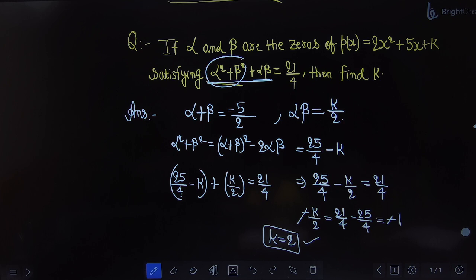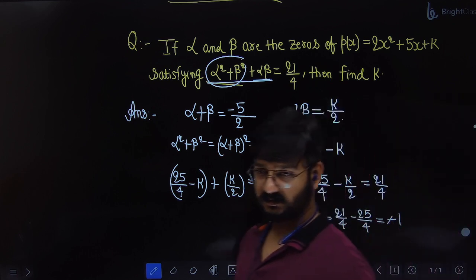How come this is 25 by 4? Okay, fine. It's basically the same thing only. The only thing is that you have found alpha square plus beta square directly. Okay. Yes. All clear? No doubts?